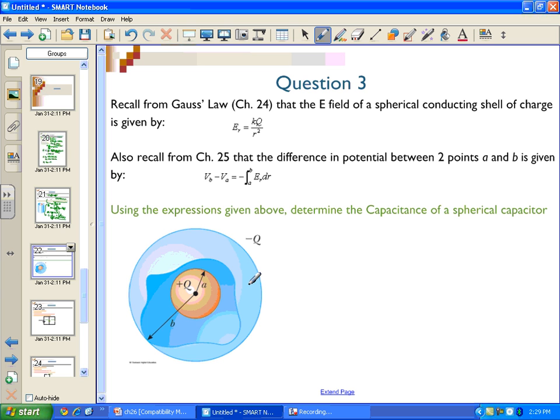What about the spherical capacitor? Could we do the same and obtain an expression for the capacitance? The answer is, why not?